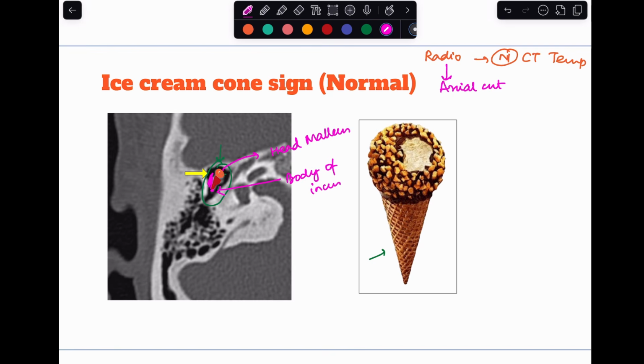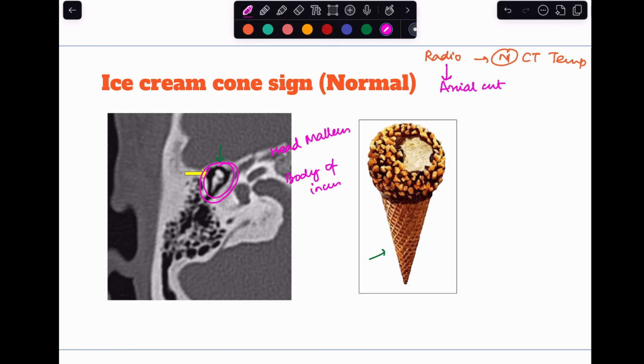As you can tell, the reason why it's called the ice cream cone sign is because it exactly looks like one. What is the importance of having this sign? Why do we need to look out for it? If in any case we see loss of this ice cream cone appearance, it can indicate an incudomalleolar disarticulation.